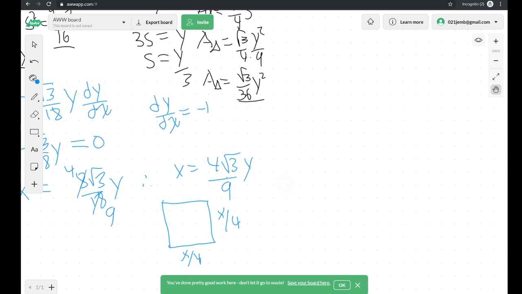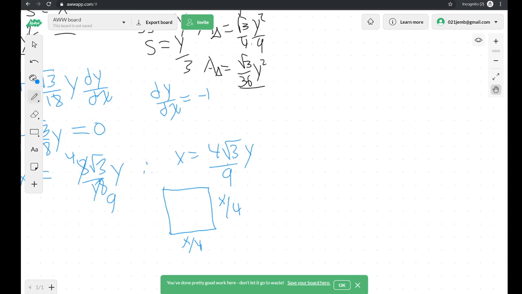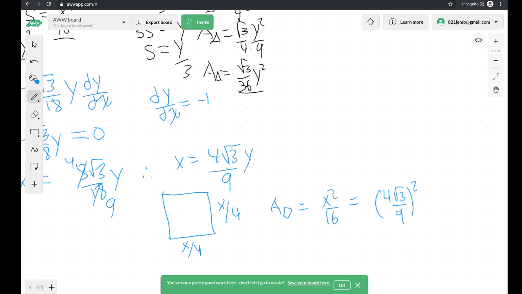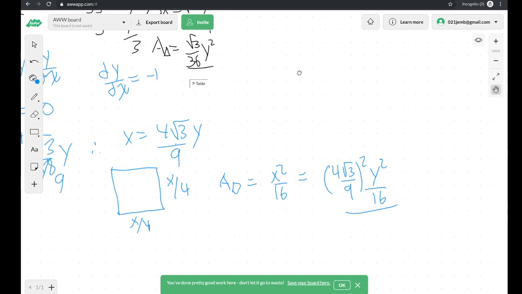So the area of that square is going to be x squared over 16, right? Then if we solve that in terms of y, well, that's just going to give us 4 radical 3 over 9 squared, and then times y squared over 16. So that would be the maximum area of the square.